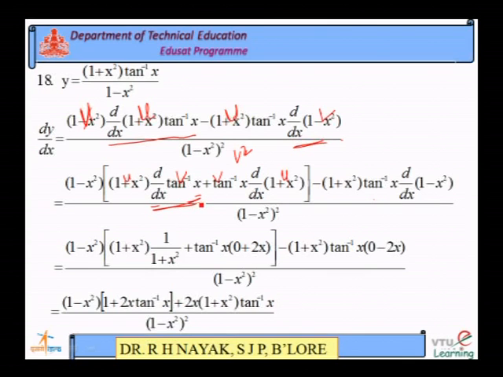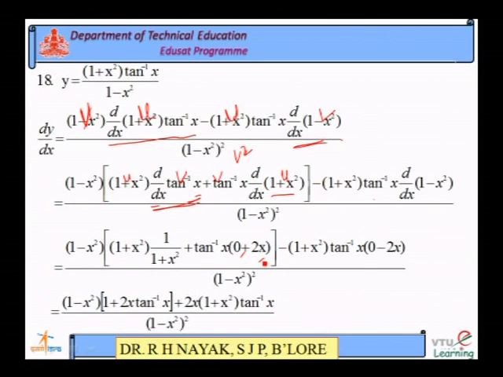Differentiation of tan inverse x is 1 by 1 plus x square, plus keep tan inverse x as it is, differentiation of 1 plus x square: 1 is a constant whose derivative is 0, differentiation of x square is 2x, minus 1 plus x square tan inverse x, take as it is, differentiation of 1 is 0, differentiation of x square is 2x.